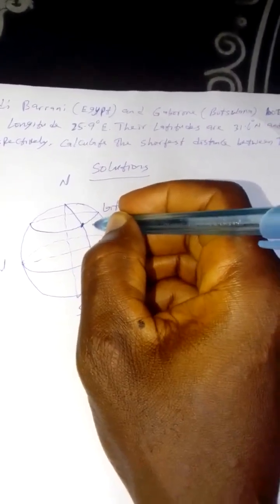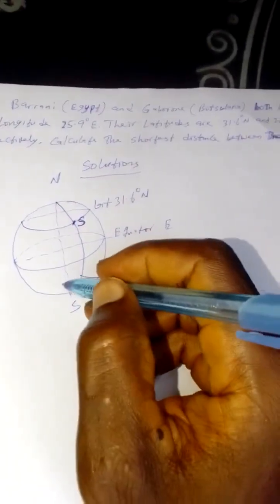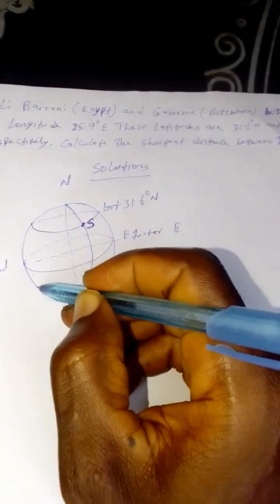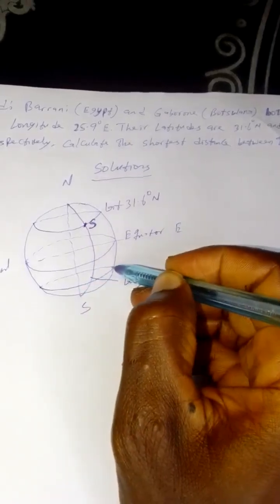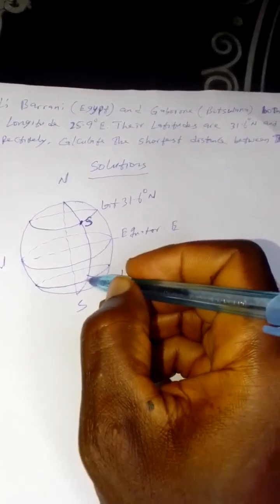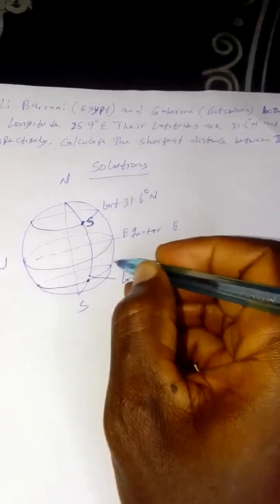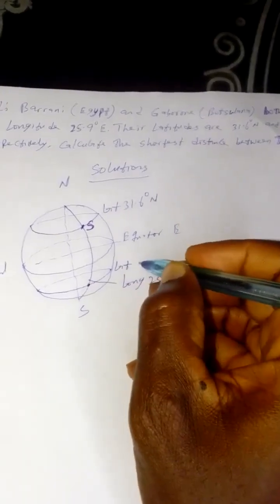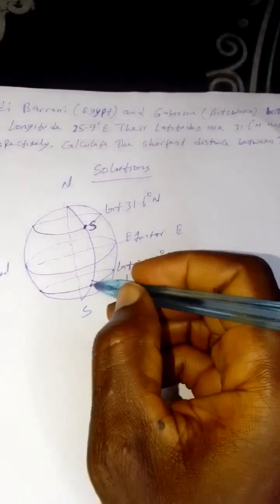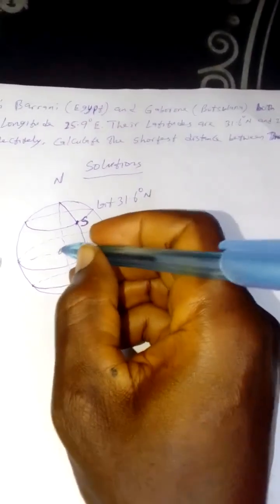Let's call this one Sidi Barrani, S. At the same time, the latitude below the equator is at the southern part, that is latitude south, 24.8 degrees south. Let's call this one G.